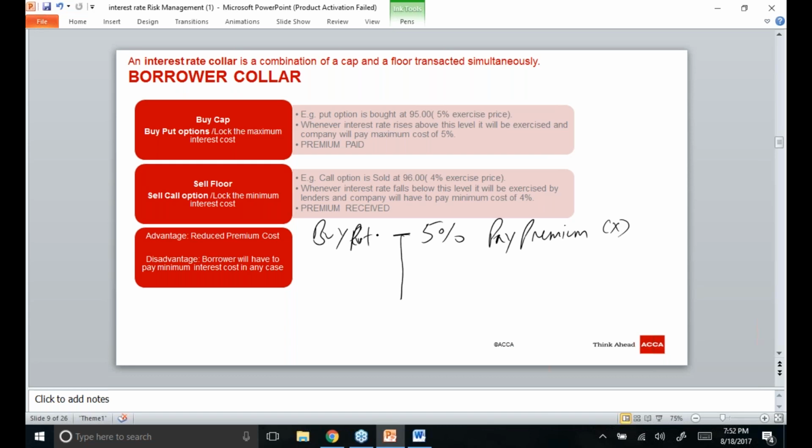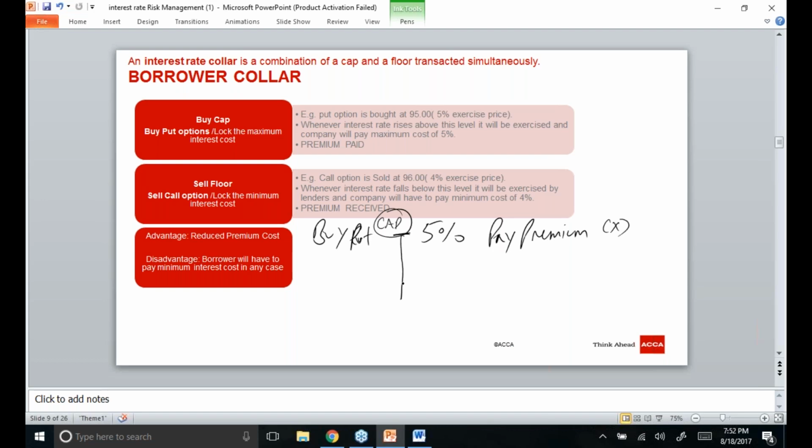So buying a put option means you have bought a cap. But the disadvantage of only this transaction is a higher premium cost.